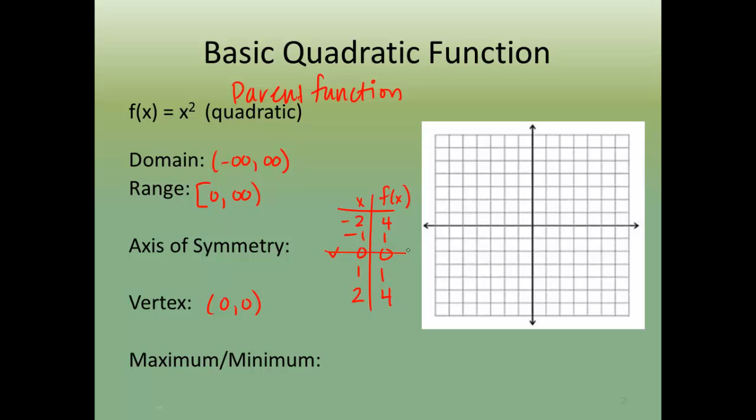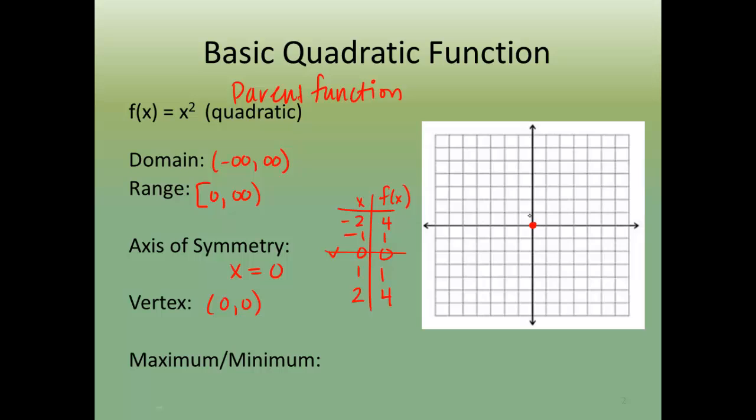The axis of symmetry is a line that goes through the vertex that creates that mirror image on either side. It's x equals 0. Your axis of symmetry is the equation of a vertical line, so it must be written in the form x equals 0. Let's go ahead and plot these points, and then we'll discuss our maximum and minimum.